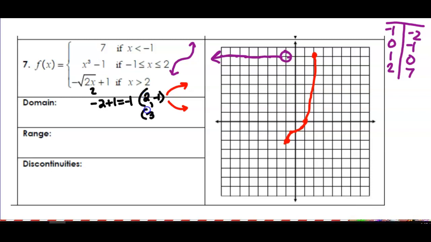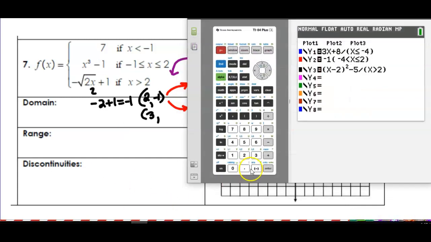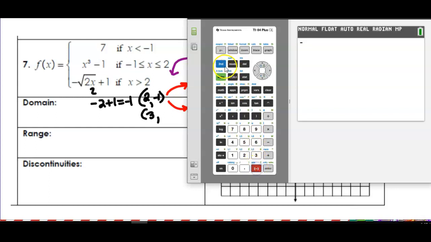If I put in a 3, I get the square root of 6 and negative square root of 6 plus 1. All right, let's just get a decimal here. Negative square root of 6 with a plus 1. It's -1.44.